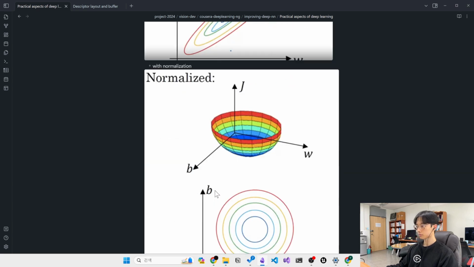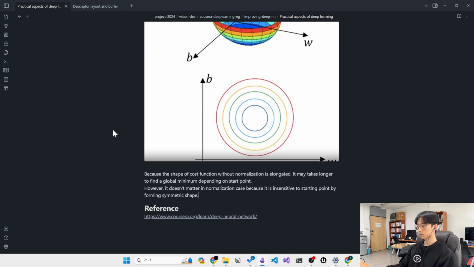Of course, in practice, W is a high dimensional vector, and so trying to plot this in 2D doesn't convey all the intuitions correctly. But the rough intuition is that your cost function will be more round and easier to optimize when your features are all on similar scales, not from 1 to 1000 and 0 to 1, but mostly from -1 to 1, or with about similar variance as each other.